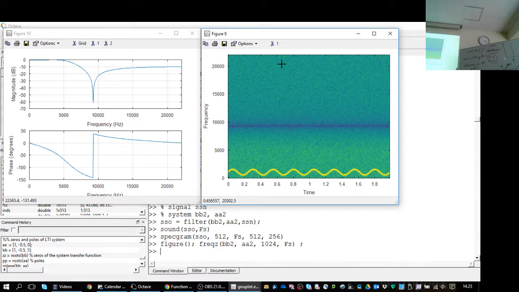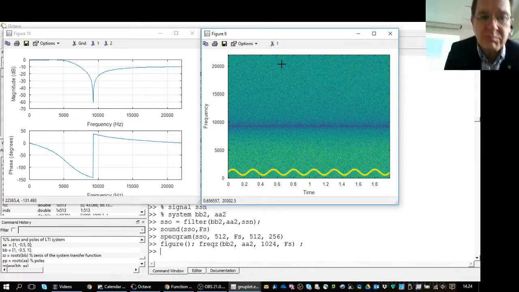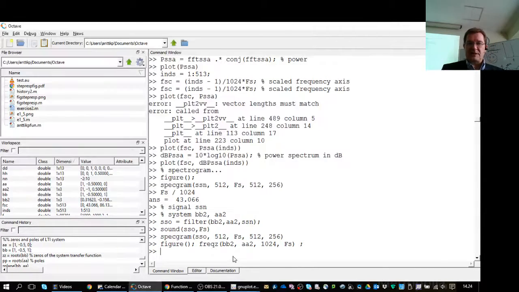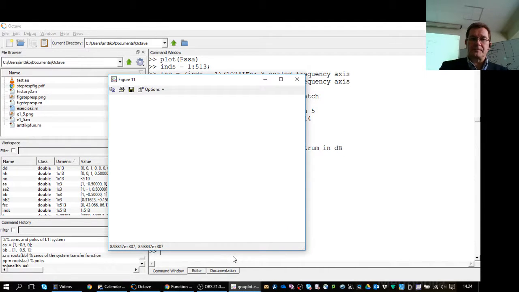Otherwise, compared to the original, I think this should also be darker, meaning this low pass filter has attenuated a little bit of that noise there. Otherwise, this looks like it is not touched. But well, seeing is believing. Let me put another figure here.